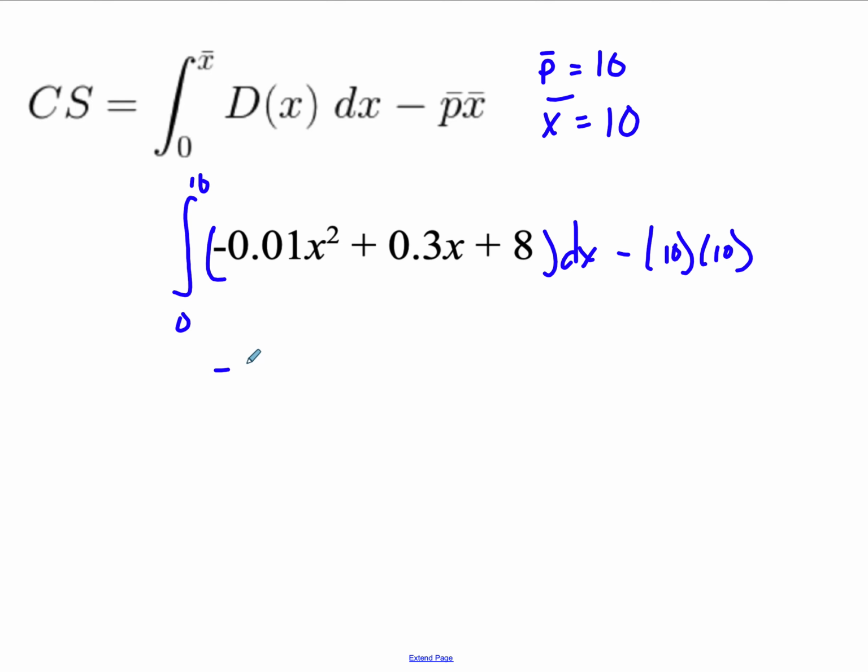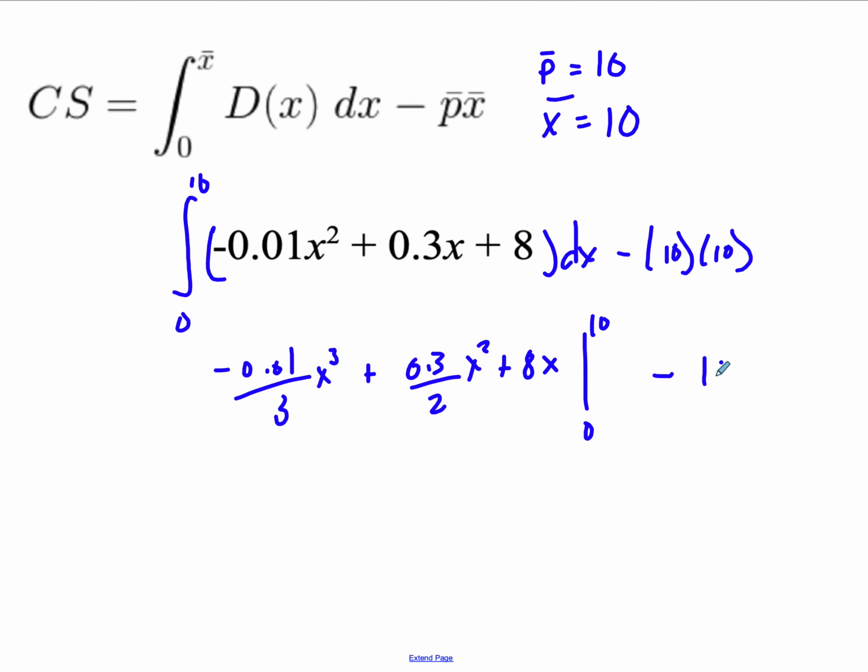Okay, so when I do that, I get plus, from 0 to 10. We don't worry about 0 because all the terms have x's in them, times 100 minus 100. Okay, 10 times 10. So I plug in 10. This becomes minus 10 cubed.